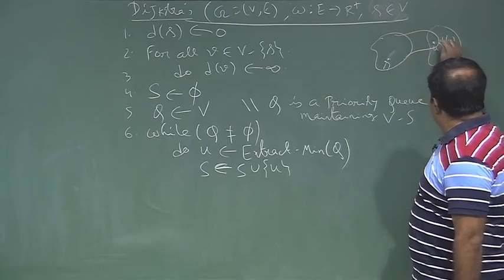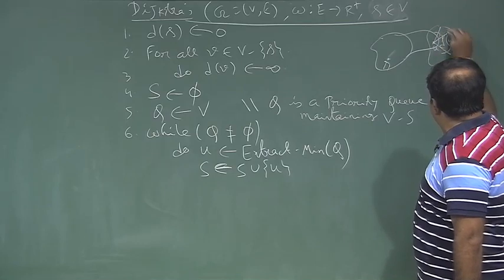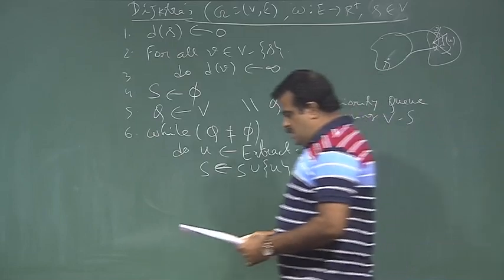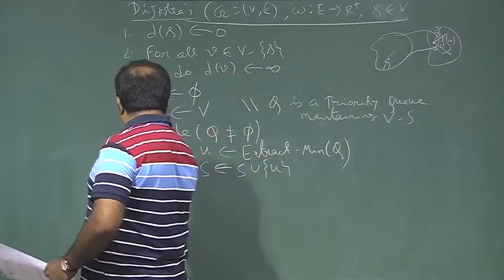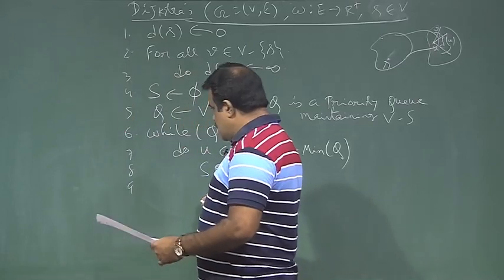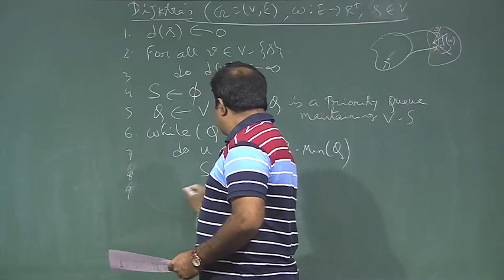Then what we have to do? We have to update the distance estimate of all other vertices which are adjacent to U. That is basically what we need to do now. So, this is line 7, this is line 8, and line 9.